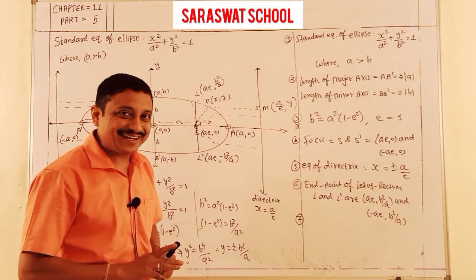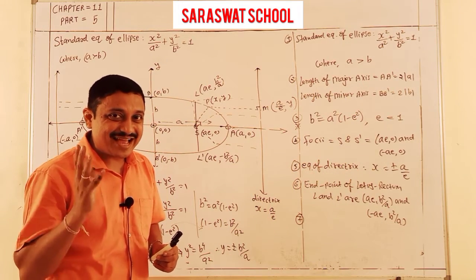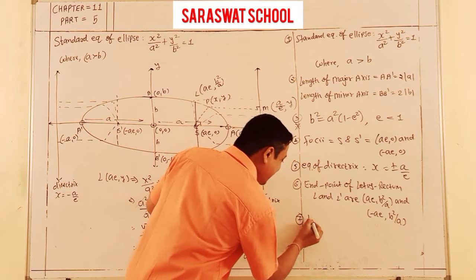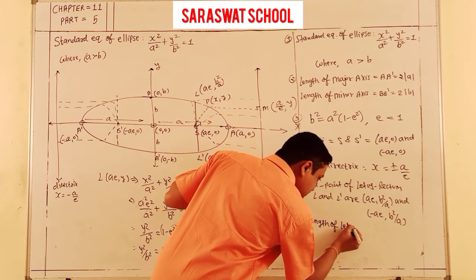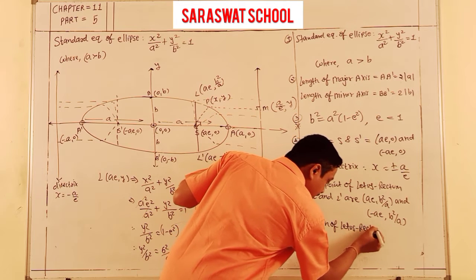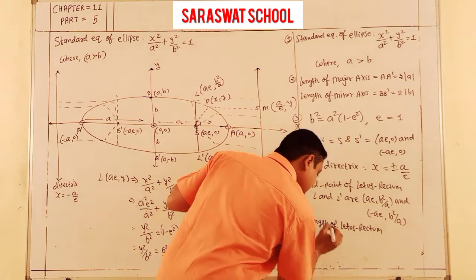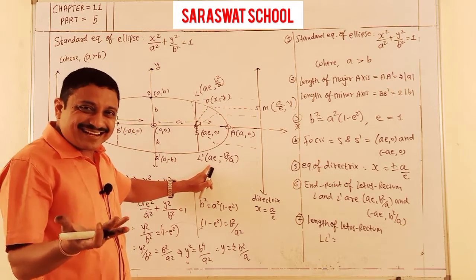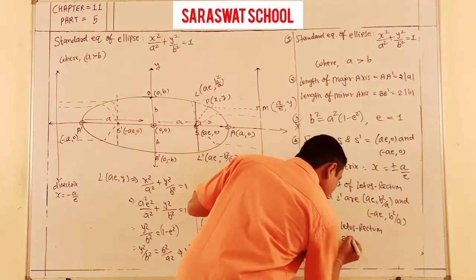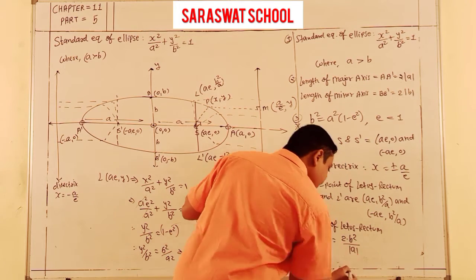Now the seventh point, the length of the latus rectum, LR. The length of the latus rectum L L dash: this much, the e totally cancels, 2 times b square by modulus a.